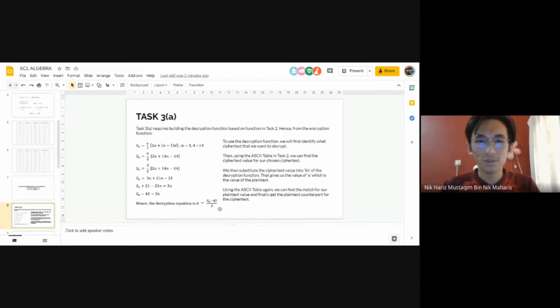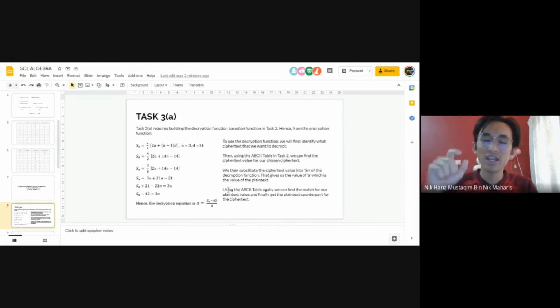To use the decryption function, we first identify which ciphertext we want to decrypt based on the ASCII table. Then, using the ASCII table, we find the ciphertext value for the character we want to decipher. We substitute that value into Sn of the decryption function, and that gives us the value of a, which is the value of the plain text.